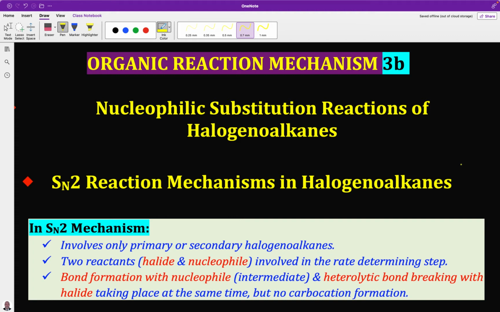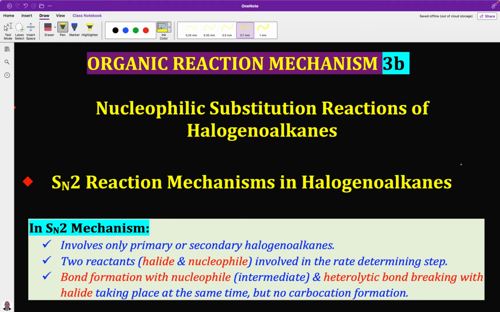In this SN2 mechanism, it should be remembered that the reaction takes place at the same time.